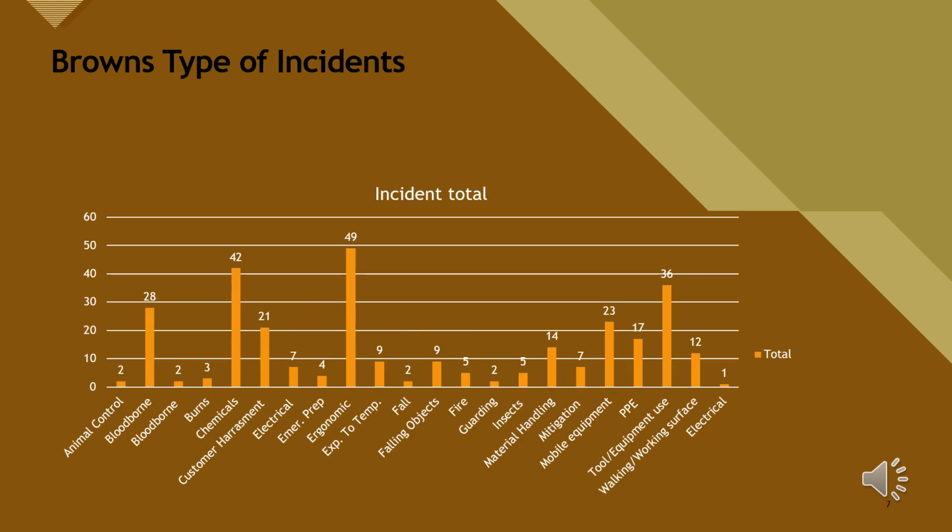Now, looking at Brown's type of incidents, the trend showing in this graph tells you that Brown has a huge ergonomic issue. Their ergonomic reports total 49. Ergonomics is a very important thing.